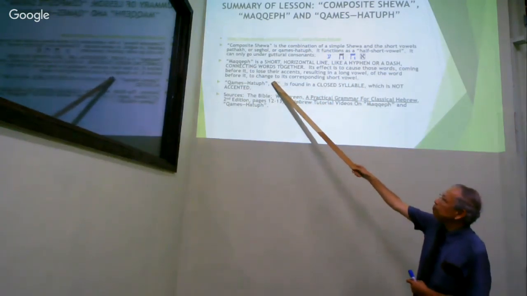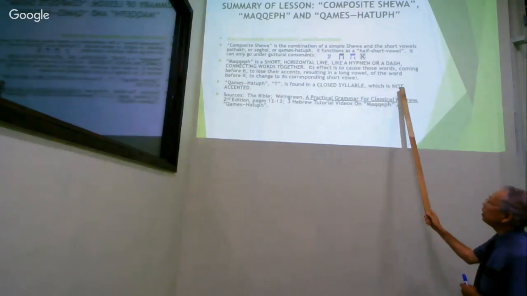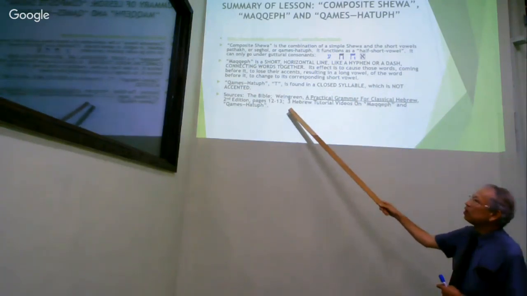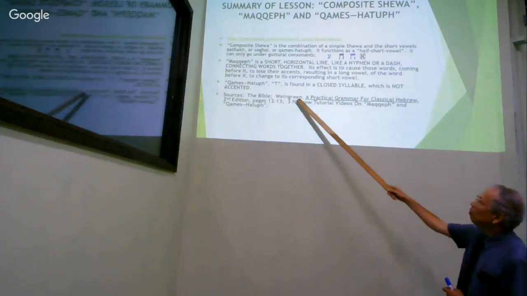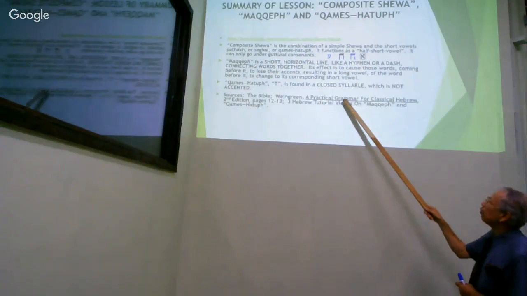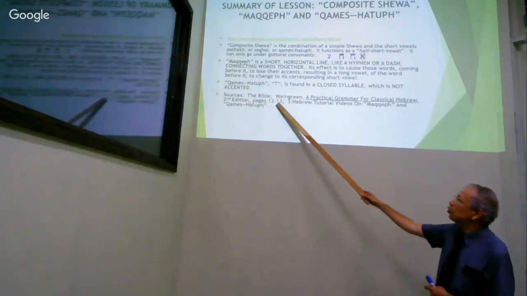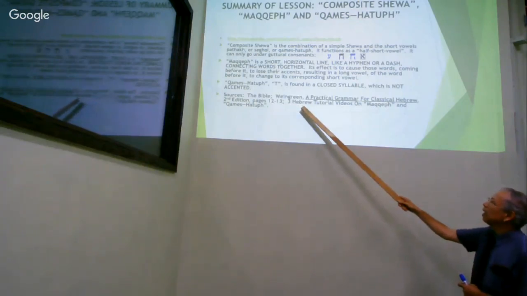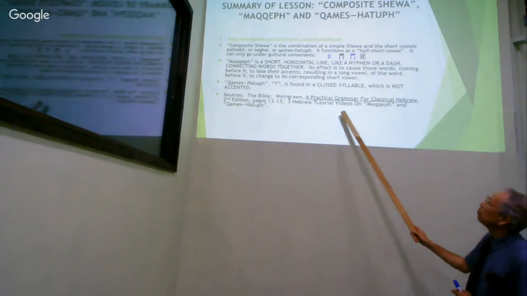Qames-Hatuph is found in a closed syllable which is not accented. I've gotten these sources of information from the Bible, from Weingreen's Practical Grammar for Classical Hebrew, 2nd edition, pages 12 to 13, and some Hebrew tutorial videos on Maqqeph.